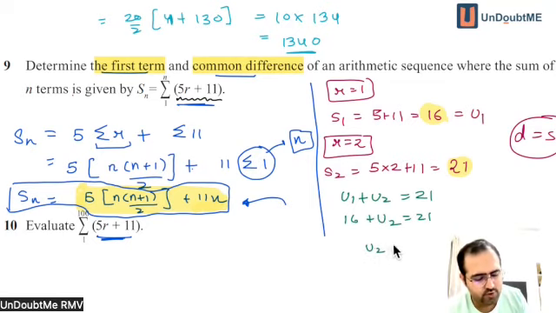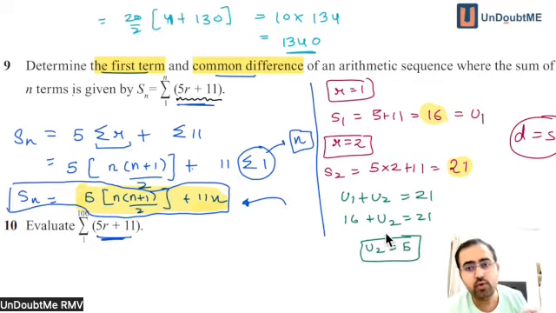So the value of u2 will be 5. The second term of this sequence is 5. Is it clear? So is D then 5 minus 16? Yes.